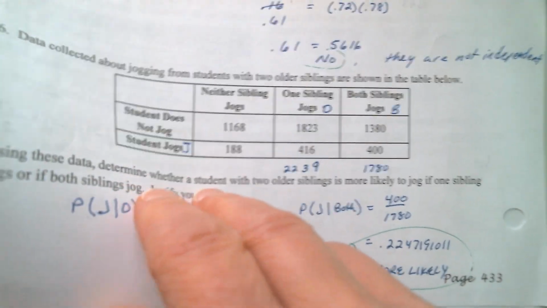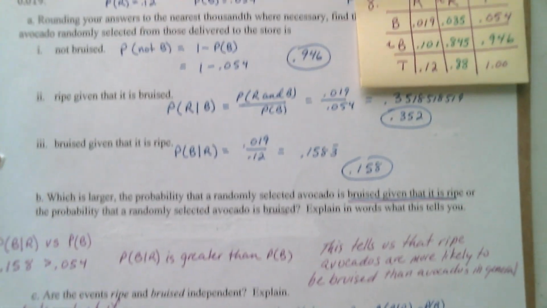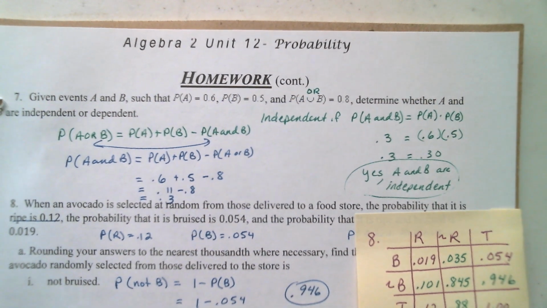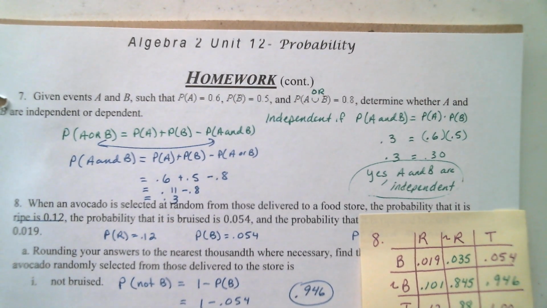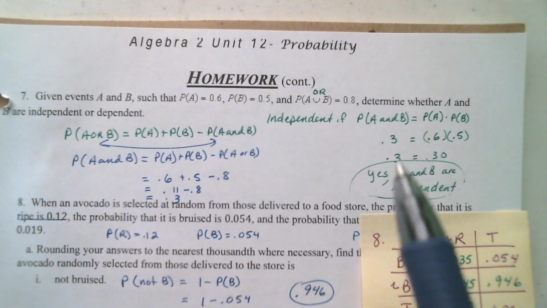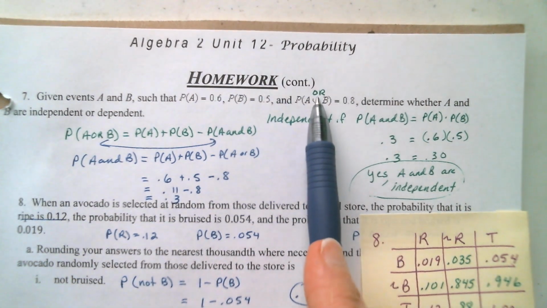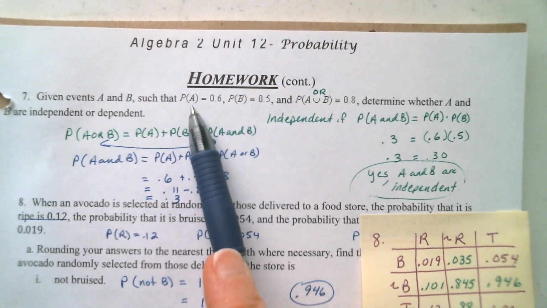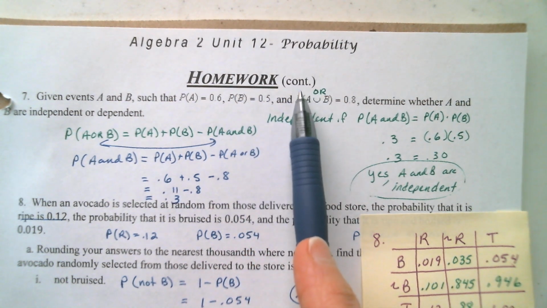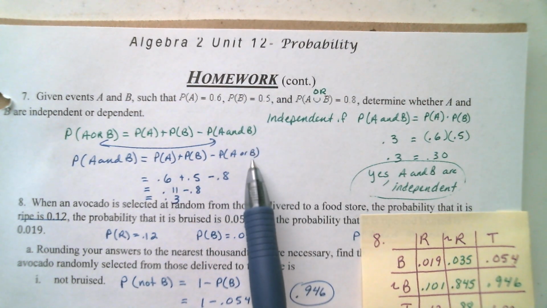Number 7, using the formula, determine whether A and B are independent or dependent. Well, we were given the probability of A and the probability of B. We first had to find what the probability of A and B is.